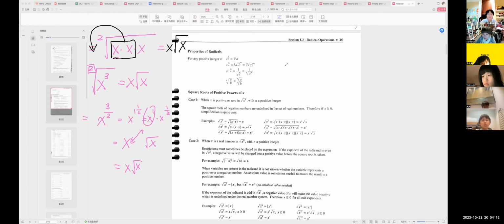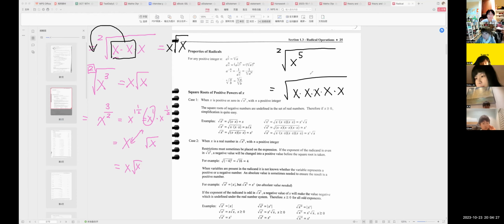So if we have x to the power 5 and the square root, which is x times x times x times x times x, so 1, 2, 3, 4, 5, every single pair of same ones gets out and gives 1 x.